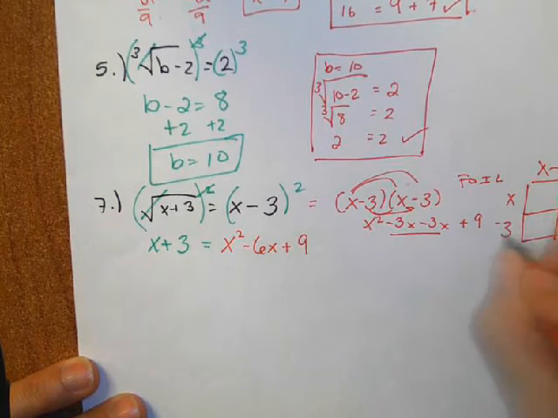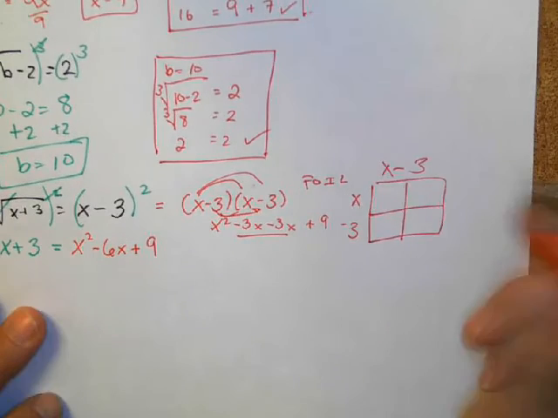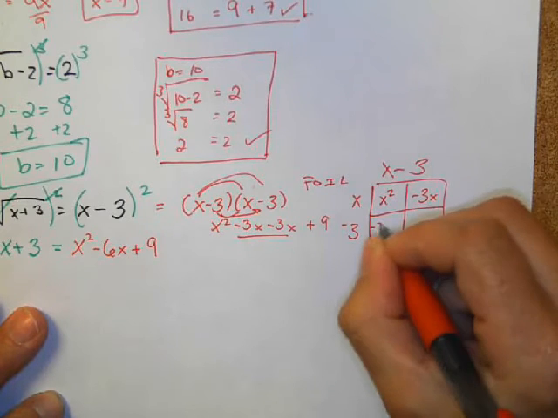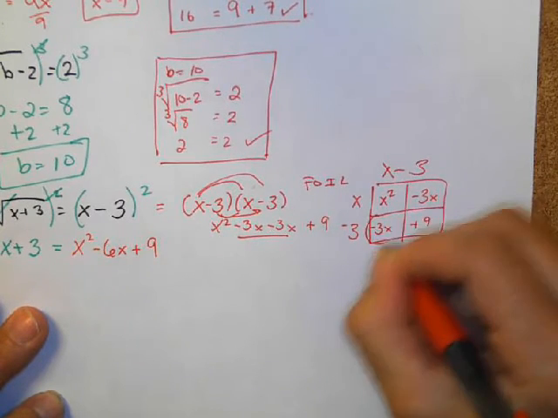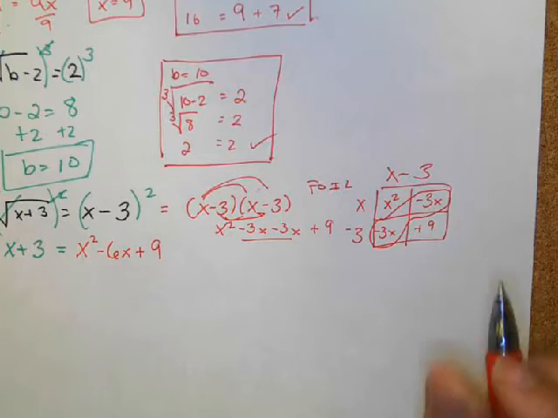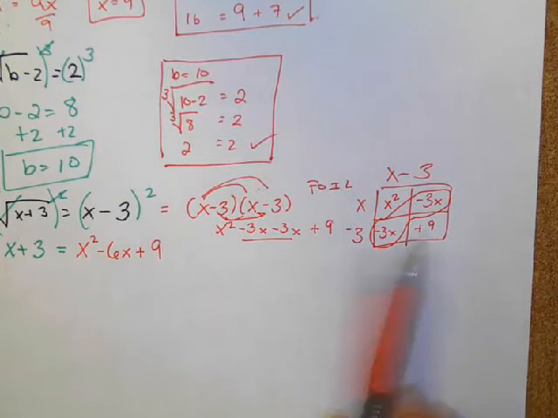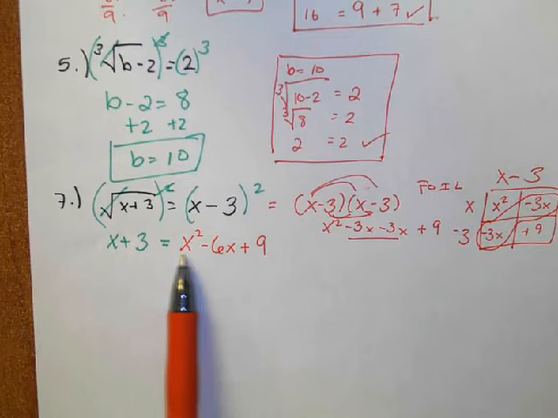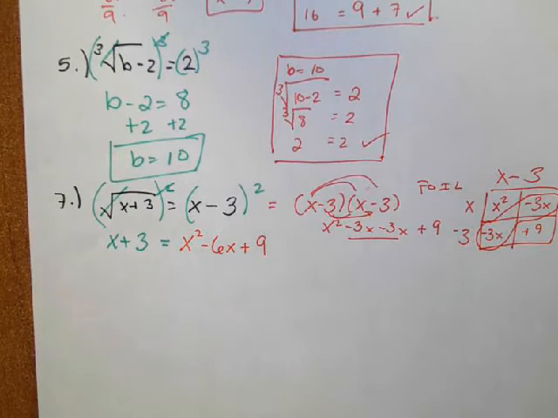When you're multiplying with the box method, you get x times x, x times negative 3. This is like your math Punnett square here. And then you add these middle terms together. Whether you do it horizontal method or the box method, either way you should come out with a trinomial that is a quadratic right here.